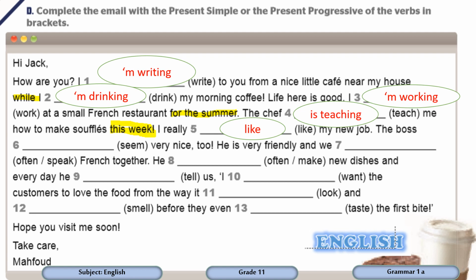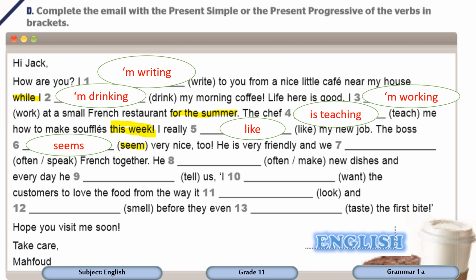The boss seem, this verb is how things appear, how things seem. Okay, so it's not an action, it's again a state, and with the state we use the present simple. So the boss seems, but don't forget we should add an s here because the boss, he or she.